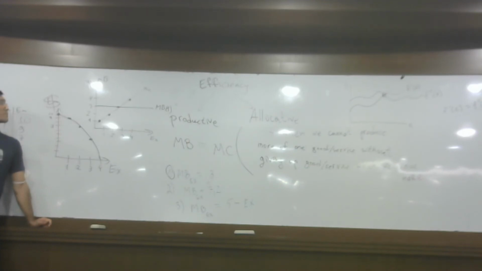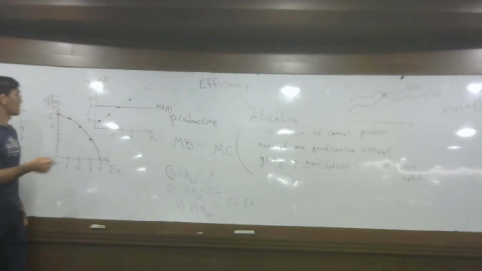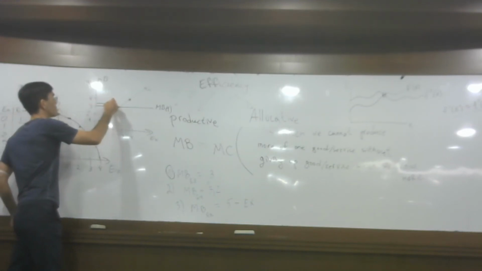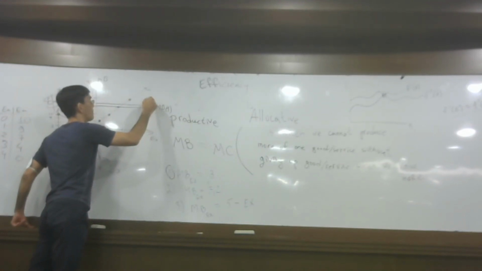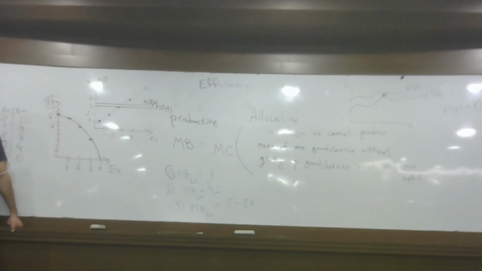Okay. Marginal benefit of the second guy, 3.2. And marginal benefit of the third guy.